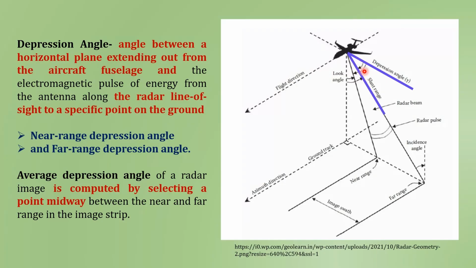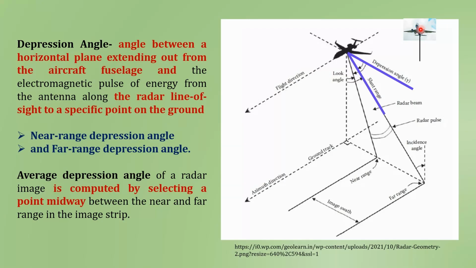If it is with respect to the far range line of sight, it will be the far range depression angle. And if it is with respect to the near range line of sight, it will be the near range depression angle. Let us have a clearer visualization of the same. Consider an aircraft flying from the screen towards you, at this much altitude above the ground.